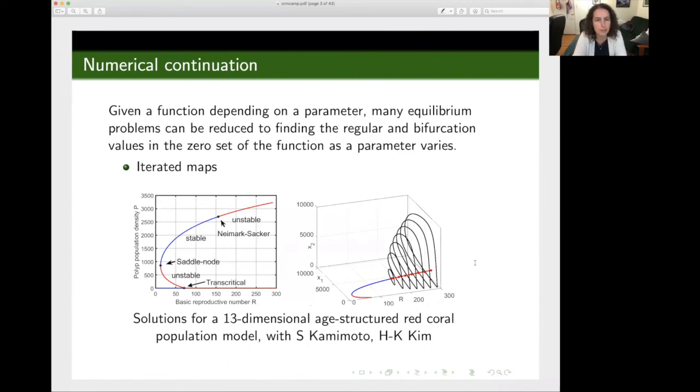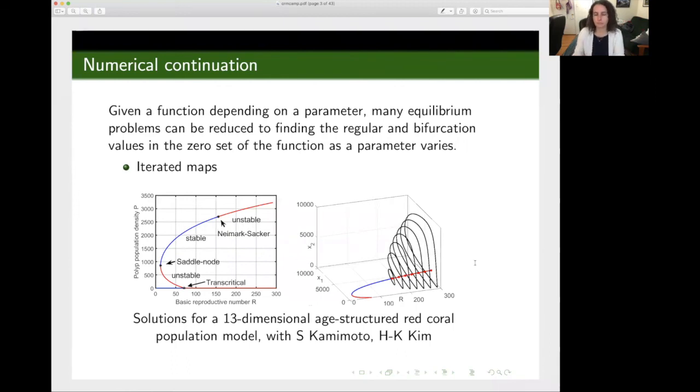So the picture you see here is a 13-dimensional age-structured map for red coral population, and we are able to validate the bifurcation curves that you see, as well as giving a rigorous validation of each of the bifurcation points.